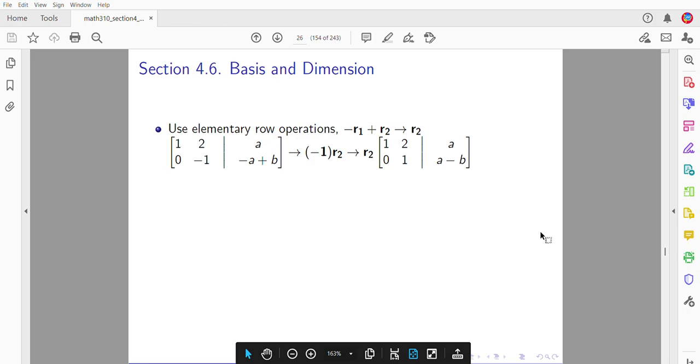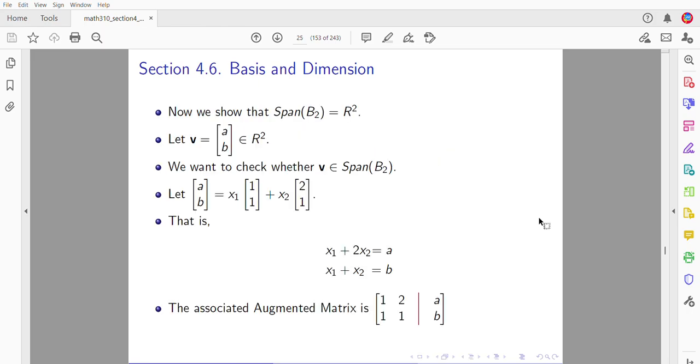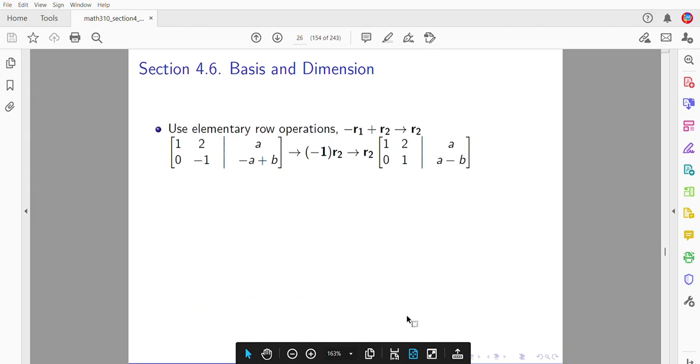I want to get a 0 here. So negative row 1 plus row 2 is the new row 2. I got a 0 here. Now I have a negative 1 and negative A plus B. So I need to multiply row 2 by negative 1. That gets me a 1 here, and this becomes A minus B.